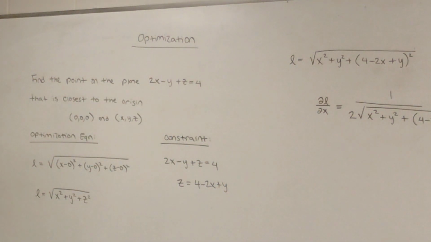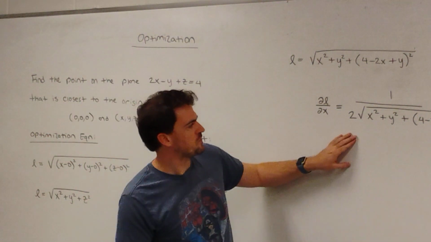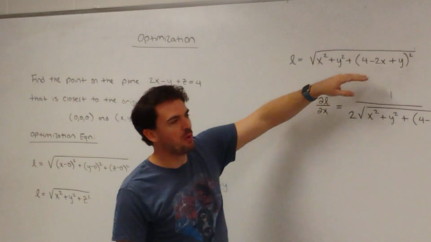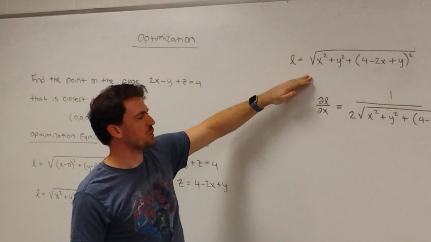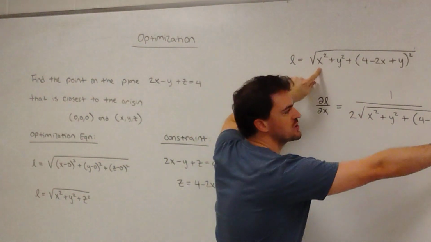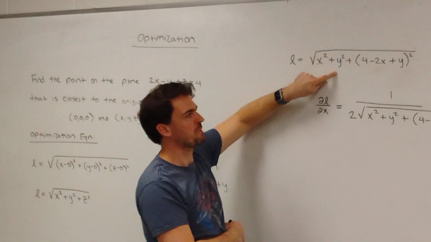So partial derivative with respect to x only. The derivative of square root of something is 1 over 2 root something times the derivative of the inside. But we're doing partial derivatives, so anything that's a y is treated as a constant. Derivative of x squared is 2x. Derivative of y squared drops out.